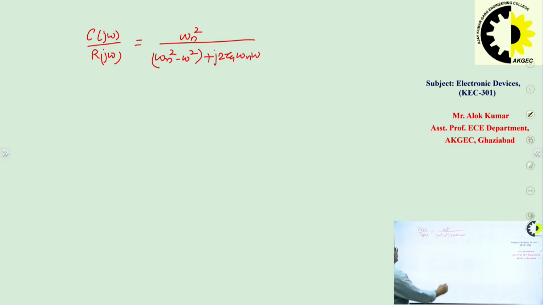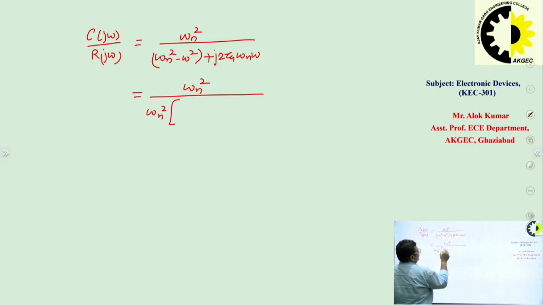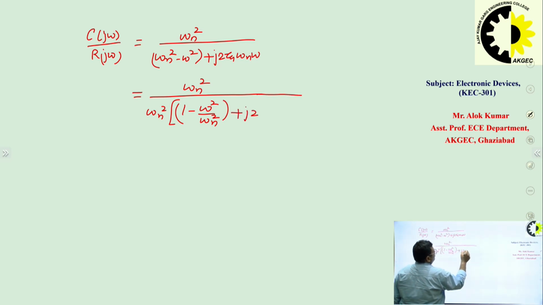Now if I take omega n square common from the denominator, then it will be omega n square divided by omega n square into 1 minus omega square upon omega n square plus j into 2 zeta omega divided by omega n, right?